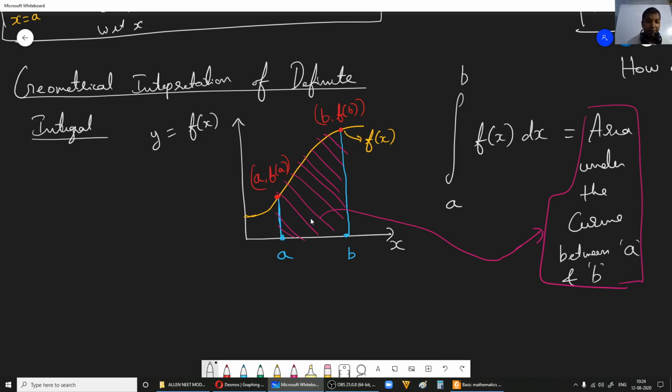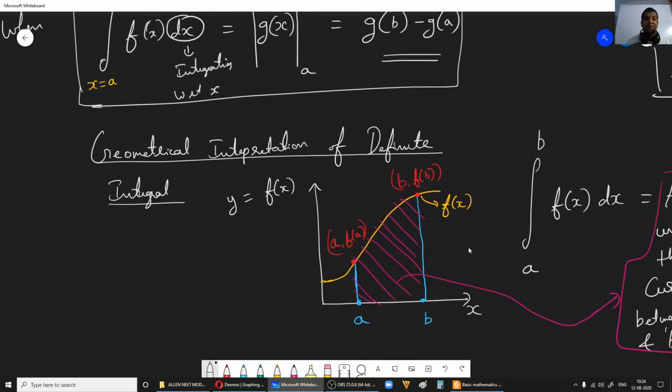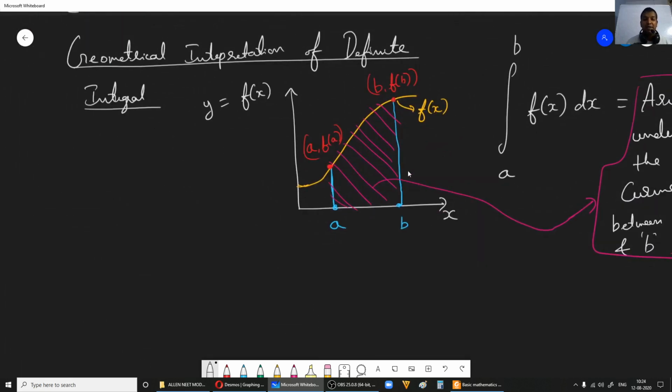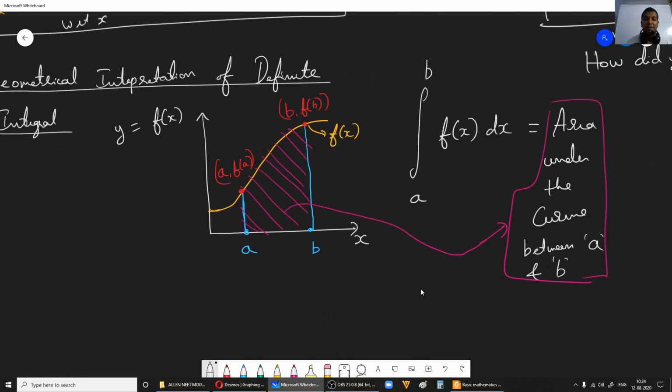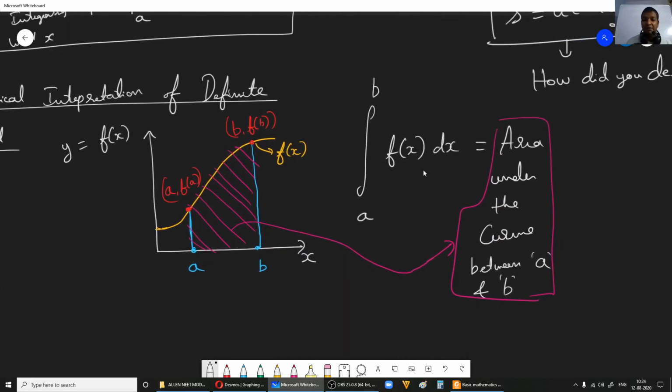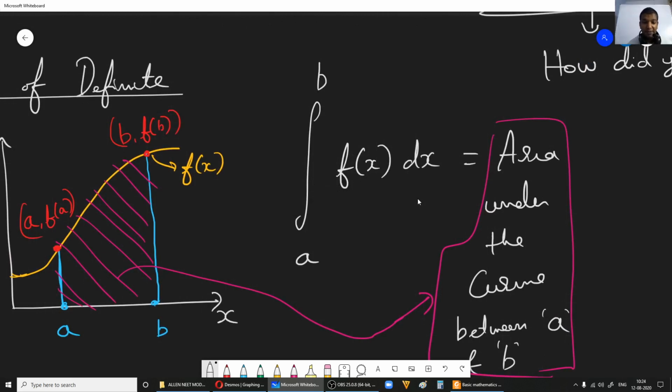What those quantities are and how it helps us, we will see once we do numericals.